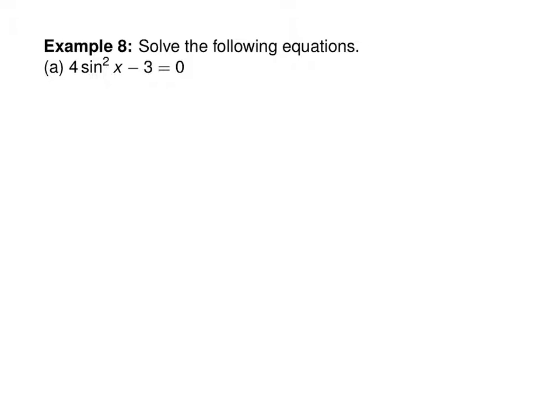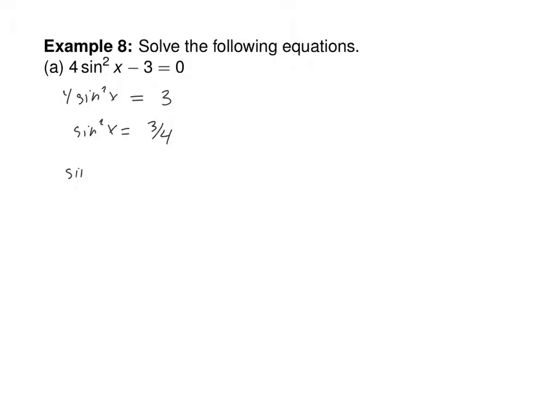So, 4 sine squared x minus 3 equals 0. How would you start? Add 3. So 4 sine squared x equals 3. Then next you would divide by 4. And then next you would square root, yes.